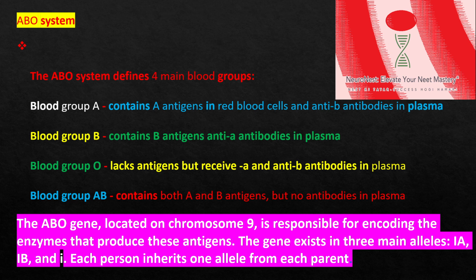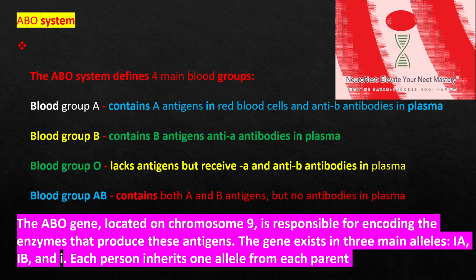The ABO system defines four main blood groups. Blood group A contains A antigens in red blood cells and anti-B antibodies in plasma. So depending upon the presence of antigen and antibody, antigen is present on the red blood cells, whereas antibody is present in plasma.